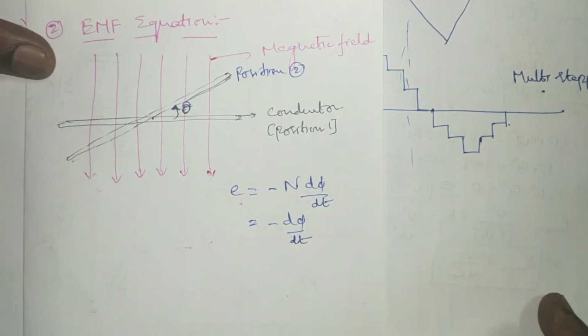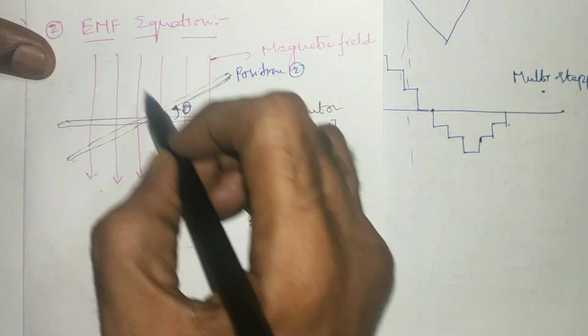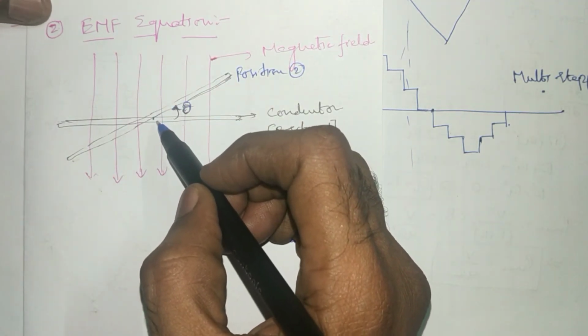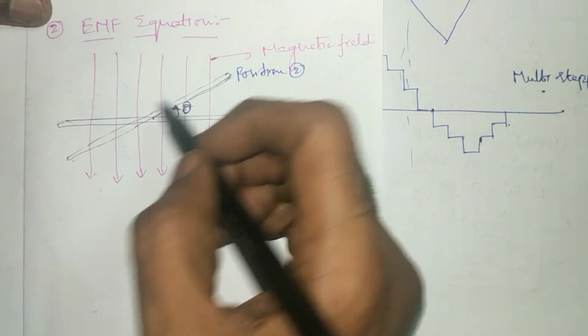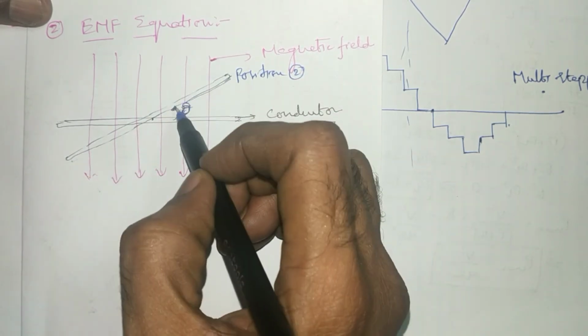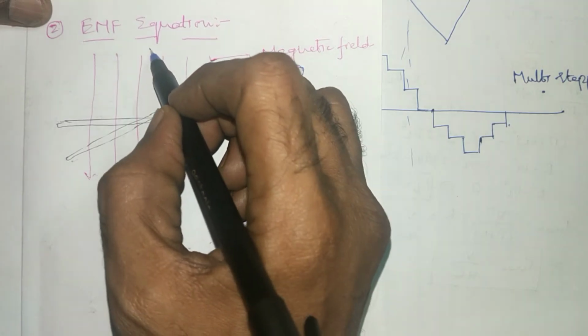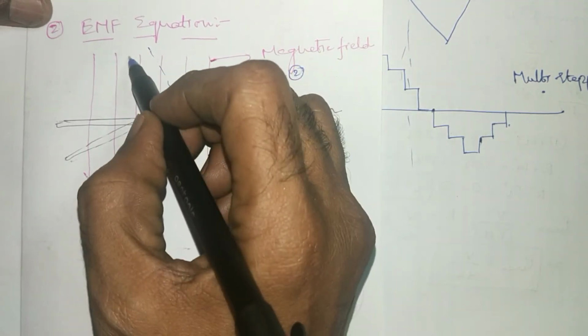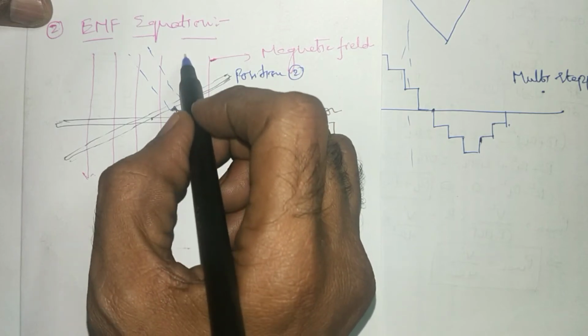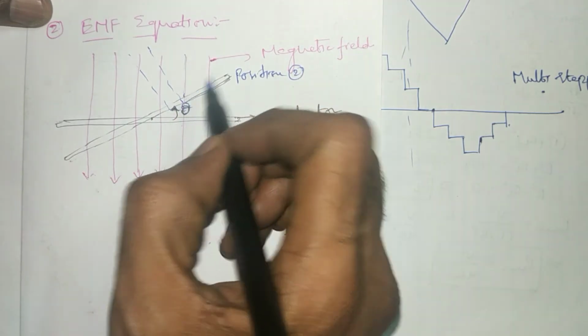And remember, always we have to consider the perpendicular component of the flux, or the flux which is normal to the surface of the coil. If this angle is theta, now we have to consider the flux component which is going to lie in this direction. Okay, actually this is the direction of flux.